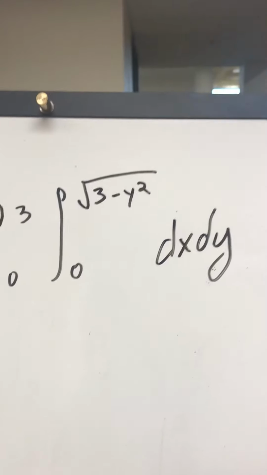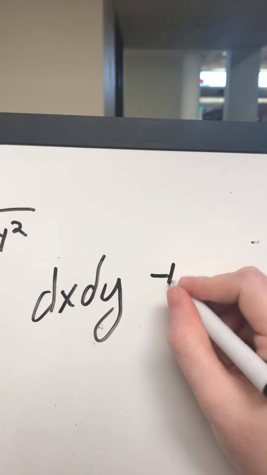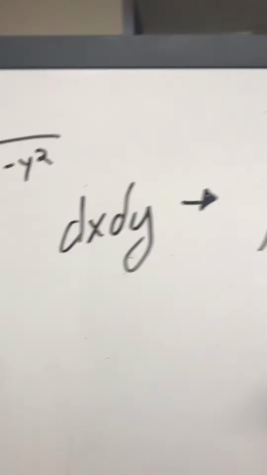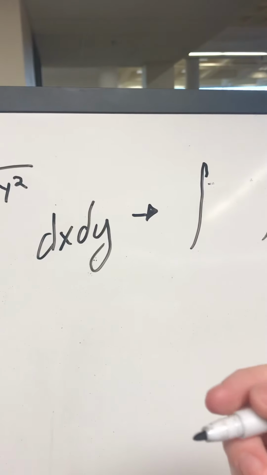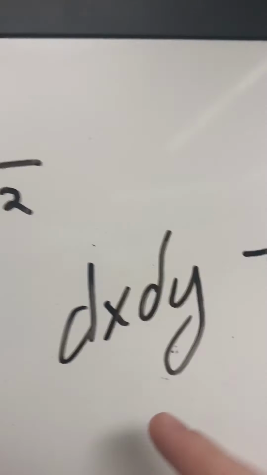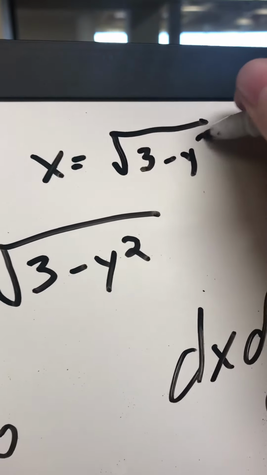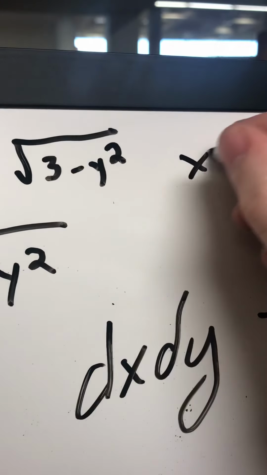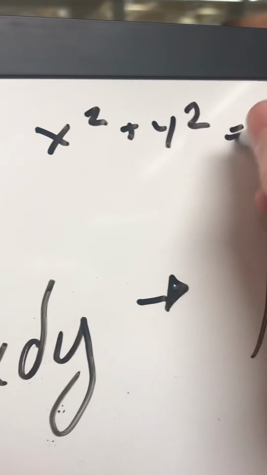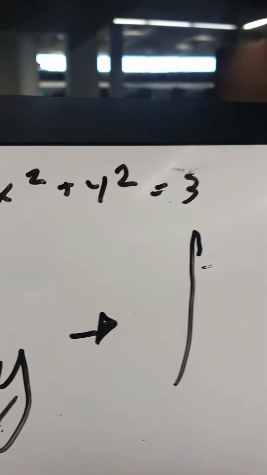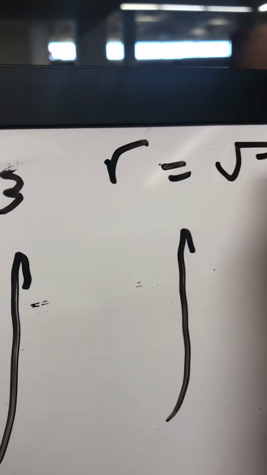And we're wanting to convert this to polar first. So converting this to polar, we see that our radius will be, since we're doing x first, this means x equals the square root of 3 minus y squared, which means x squared plus y squared equals 3, which means that r equals the square root of 3.